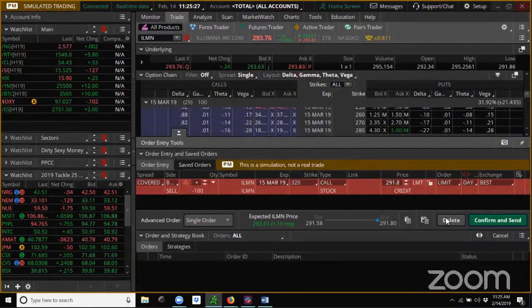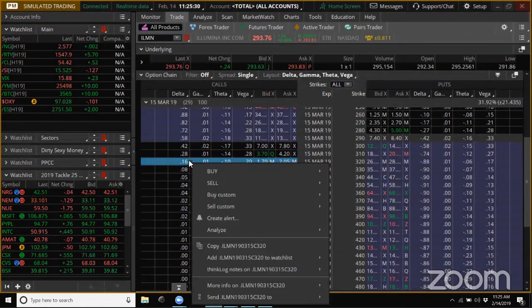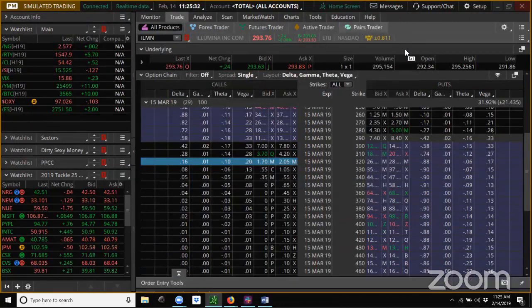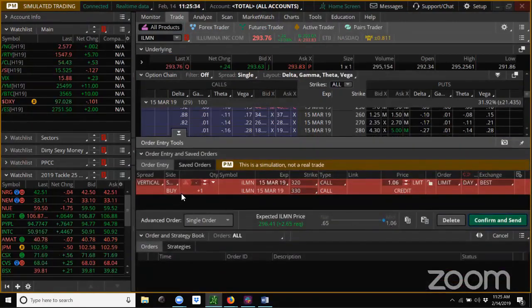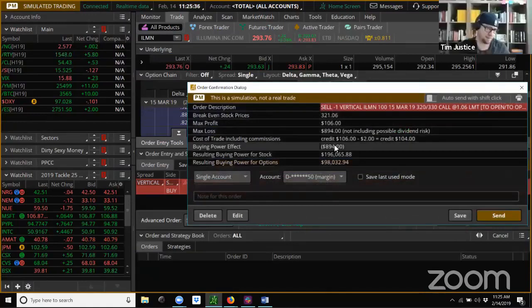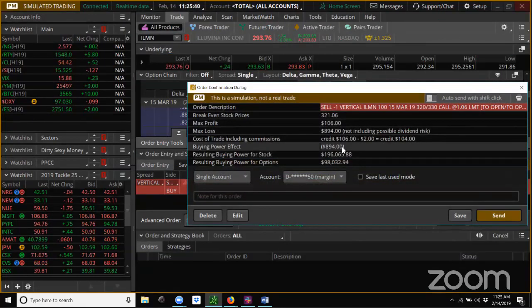No. And I'm definitely not doing a covered stock here. So let me go down to that 16 delta, sell vertical, and you can get about $1 on $10. So $1 on $10, 10% on 9. So depending on how you want to categorize it, if you categorize your ROI based on spread, it's a 10% ROI. If you do it based on margin, buying power, that's about a 12% ROI.